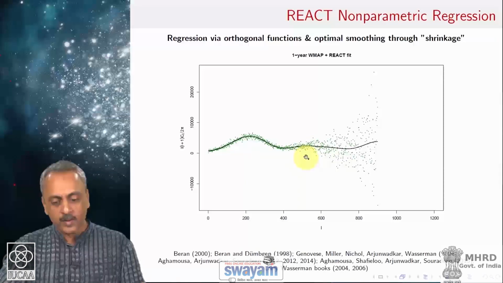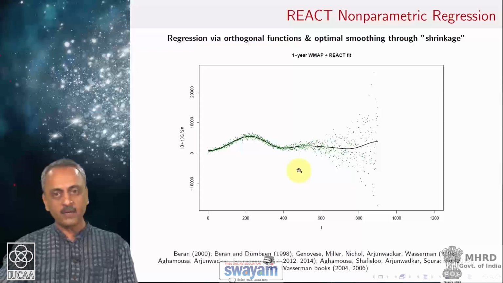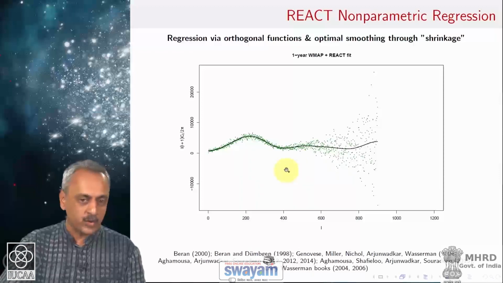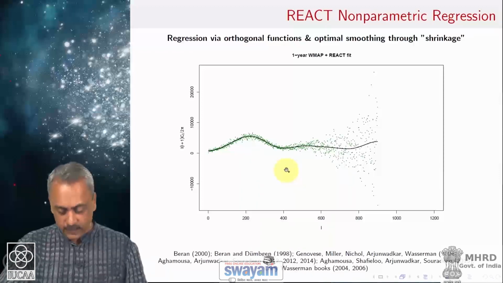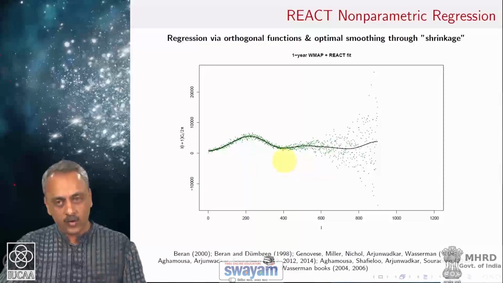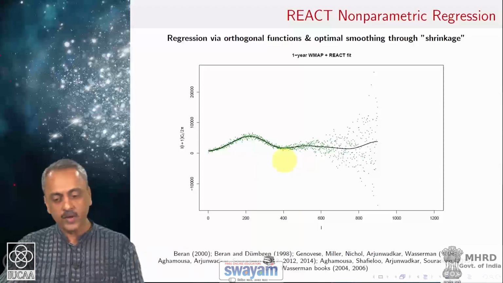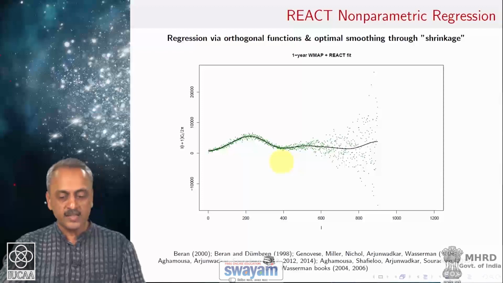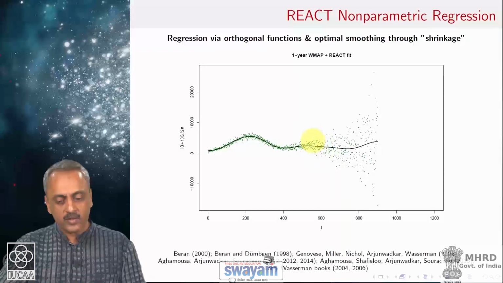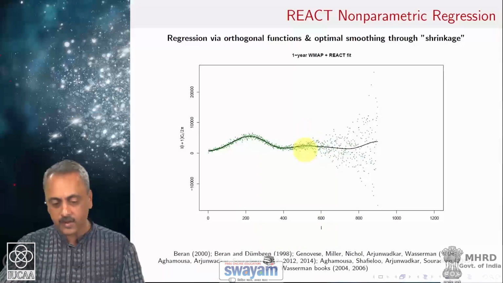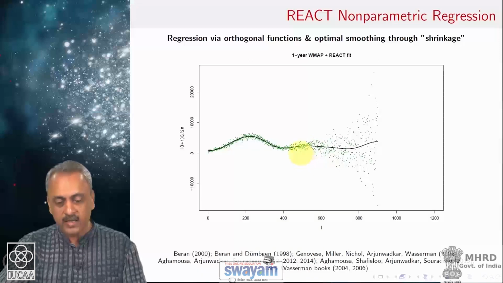So, from a purely model independent point of view, if I say that I am not going to assume any cosmological knowledge, I am not going to assume any physics, I am purely going to look at the data and ask whether I see a peak here or not, then just based on the data scatter you would be a little skeptical about this second peak, right, because the variability is too large.